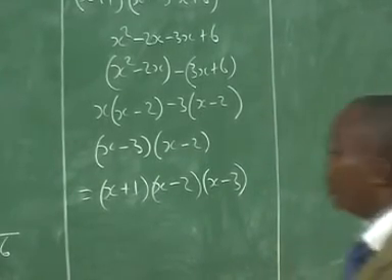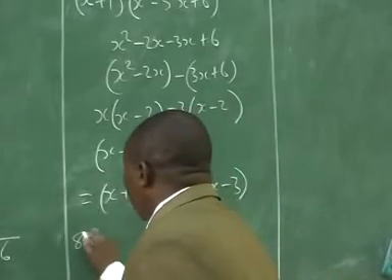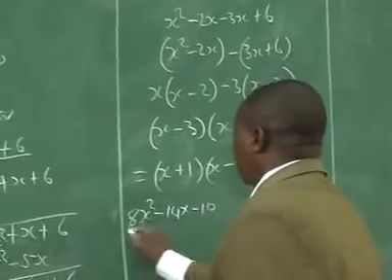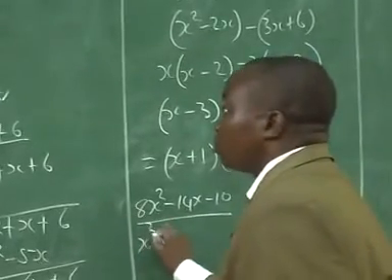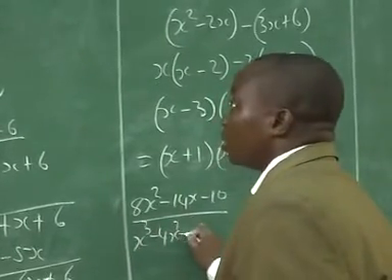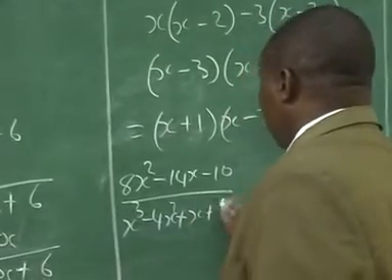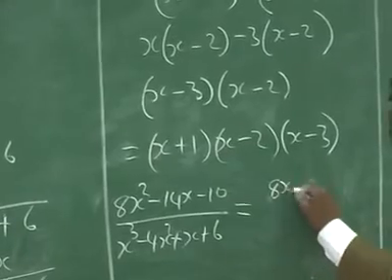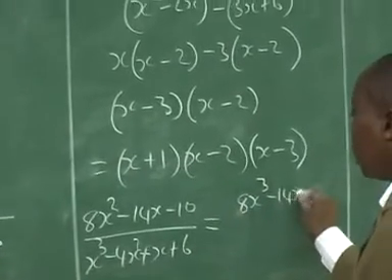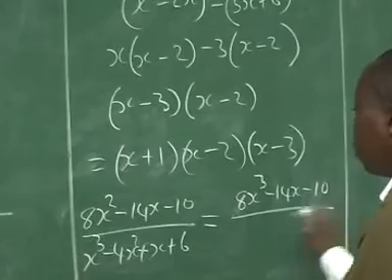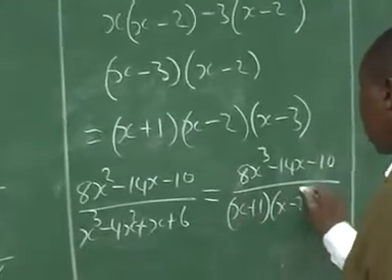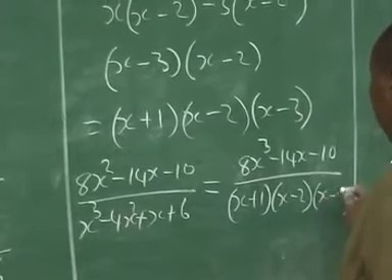So we can now see that 8x squared minus 14x minus 10 all over x cubed minus 4x squared plus x plus 6 is the same as writing 8x squared minus 14x minus 10 all over x plus 1, x minus 2, and x minus 3.